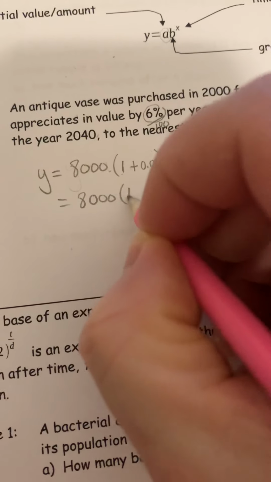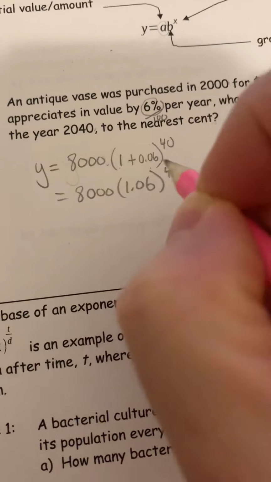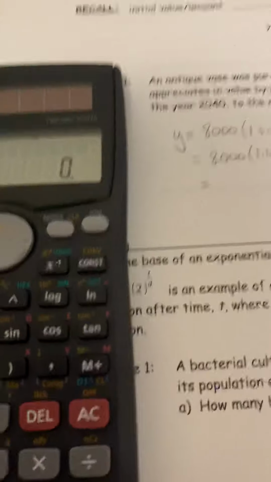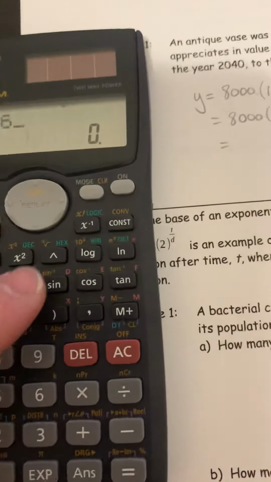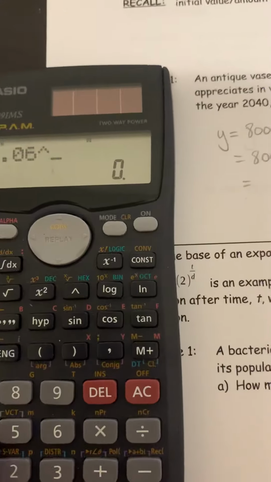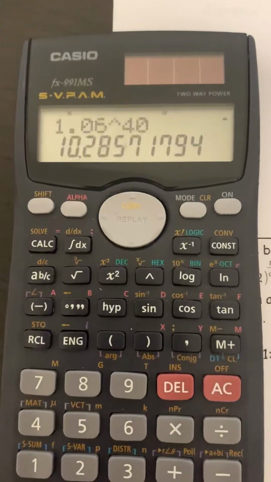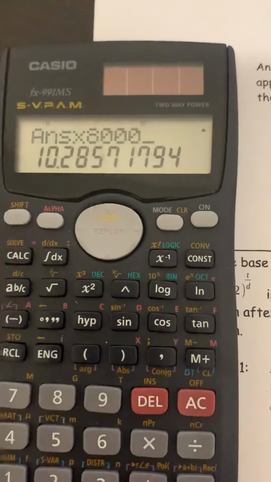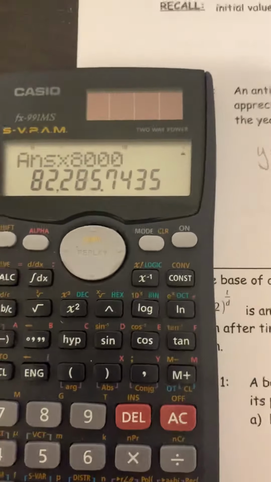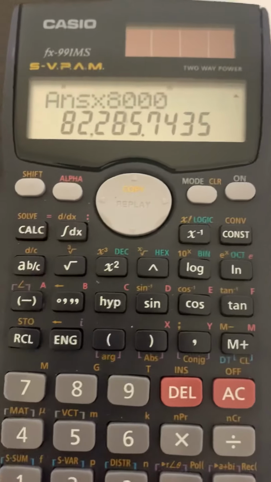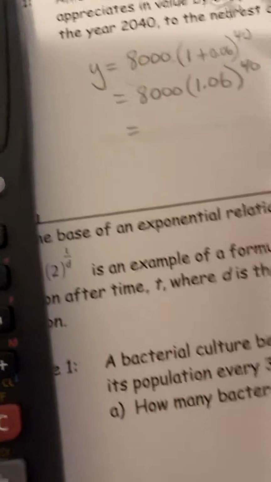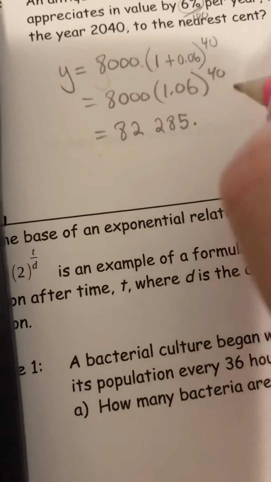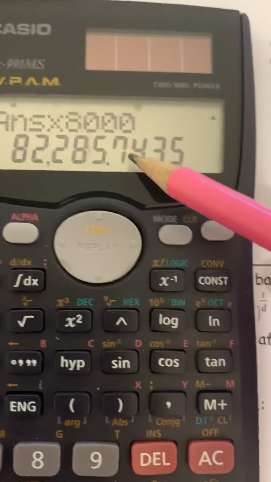So 8,000 times 1.06 to the power of 40. So make sure you do the power first. So 1.06 to the power of 40 equals, and then we're going to multiply that answer by 8,000. And we get 82, holy moly, that's a lot. So we get $82,285.74.